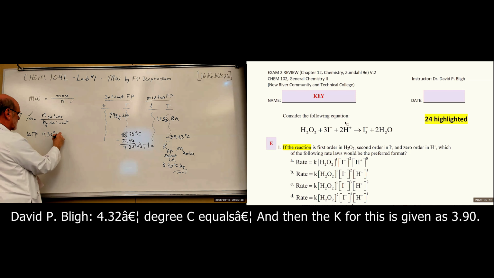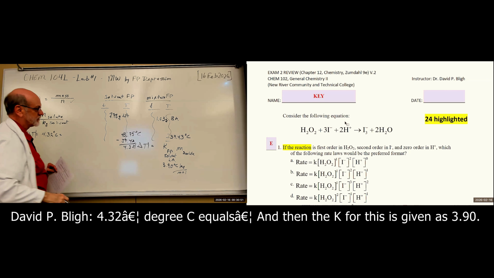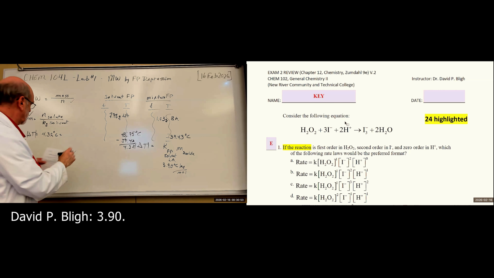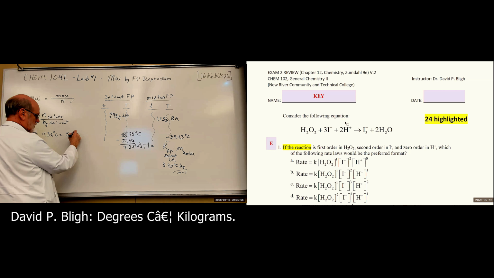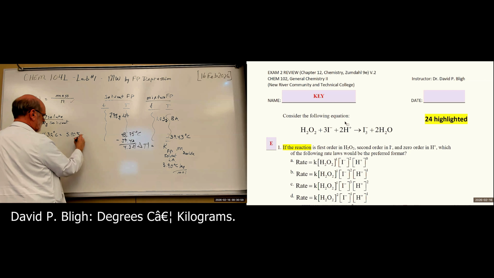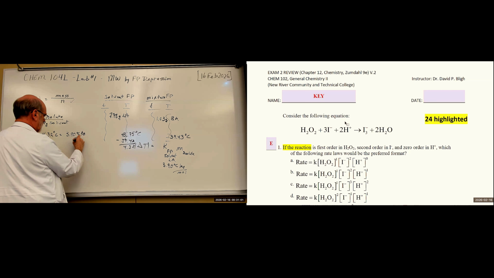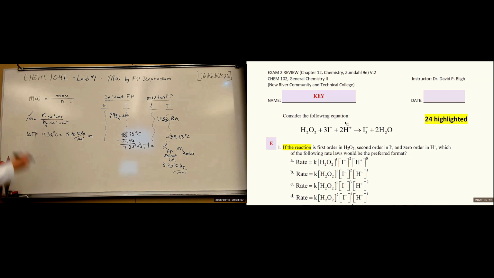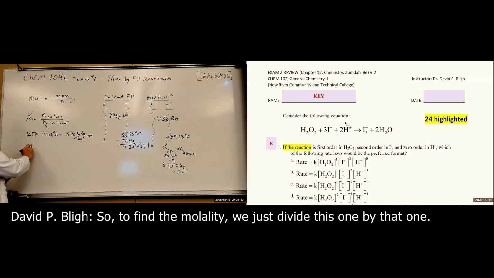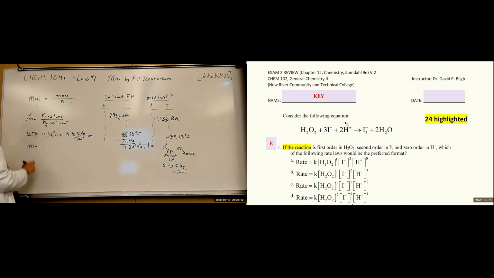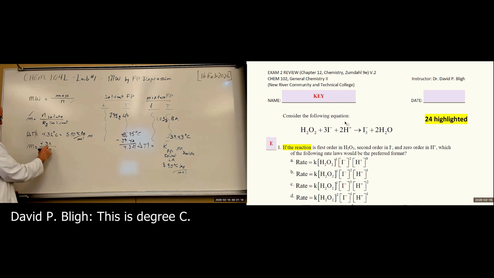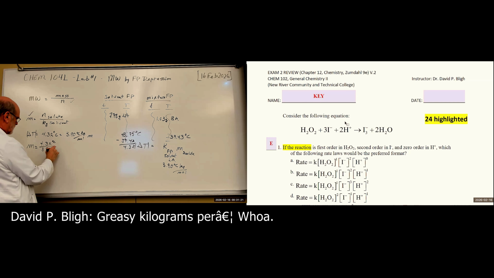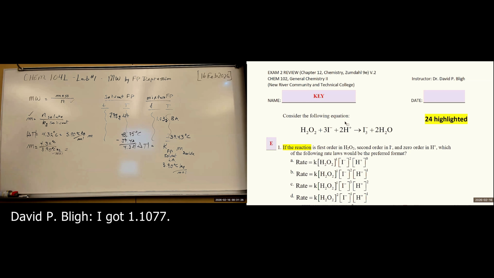4.32 degrees C equals, and then the K for this is given as 3.90 degrees C kilograms per mole. And then the molality is unknown. So to find the molality, we just divide this one by that one. What do we get?